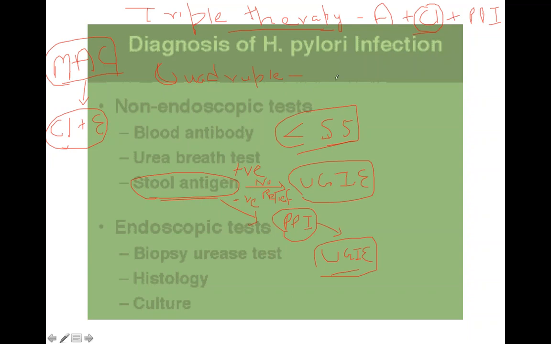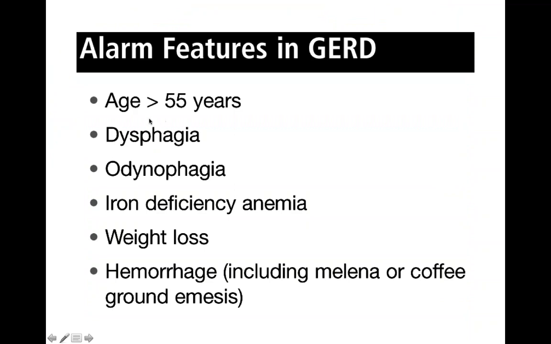Now, if the patient is more than 55 years of age, or the patient has alarming symptoms, like weight loss, dysphagia, odynophagia, vomiting, or hematemesis, anemia, or black stool, these are alarming symptoms.